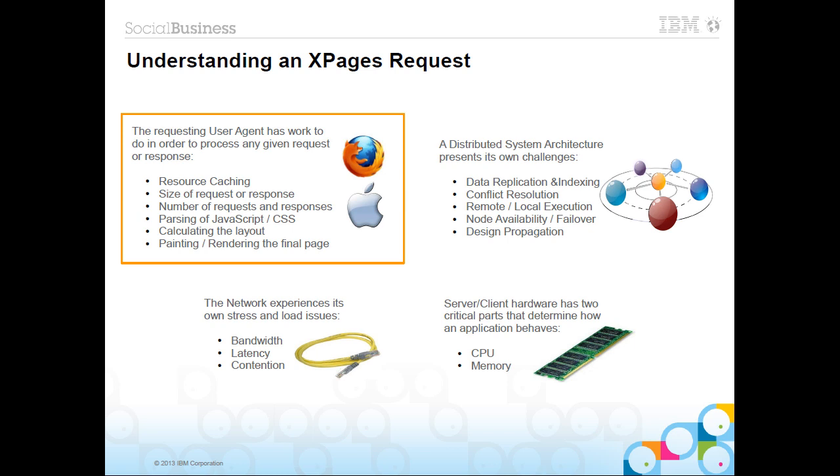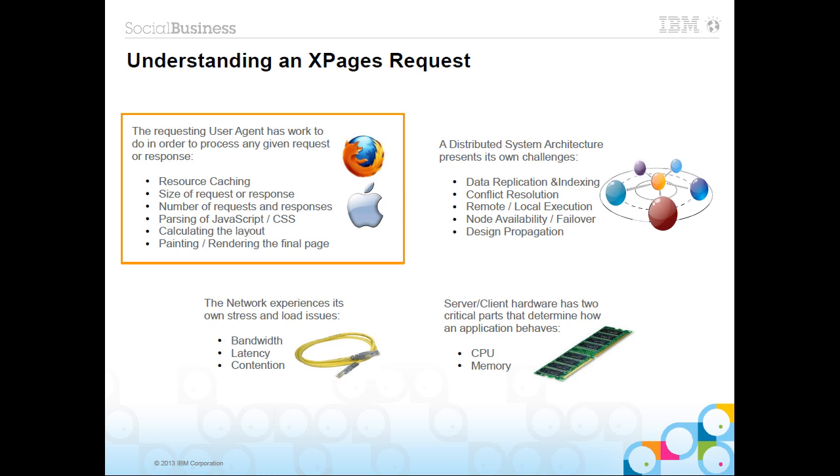For example, the requesting user agent, should that be a browser, the XPages Notes client, or some mobile device, has its own work to do in order to process any given request or response, such as resource caching, size of request or response, that is the physical size, the number of requests and responses, parsing of JavaScript and CSS files, actually calculating the layout of the page, and then painting or rendering the final page.